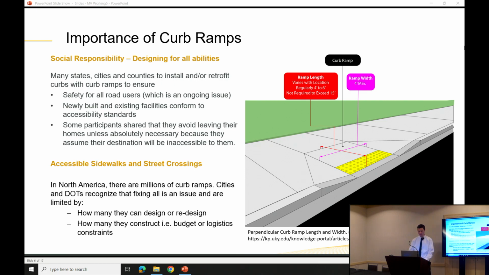Since many people live in rural areas outside the town, it can be difficult to justify making the trip if there is uncertainty about how accessible the destination is. One participant stated, "I actively stay in my apartment and don't go out because I know I'm gonna get excluded and can't do anything. Everybody already assumes everything is not accessible."